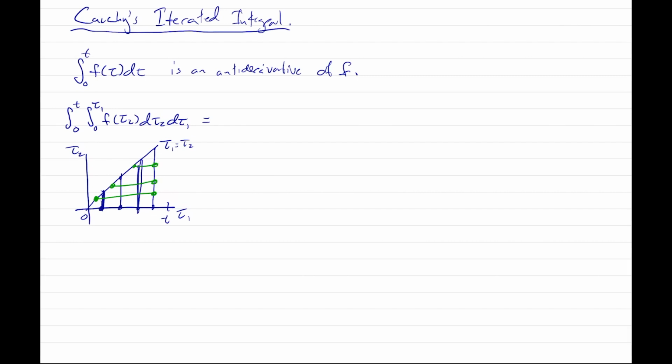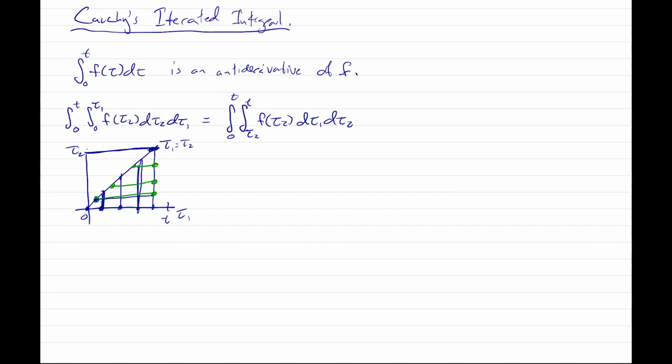Okay, so now we see that the integral over tau 2 is going to range from 0 to t, and the inside still stays the same, but now we have d tau 1, d tau 2. Tau 1 is going to be going from tau 2 all the way up to t. And now tau 2 is running from 0 to t because it stops here.